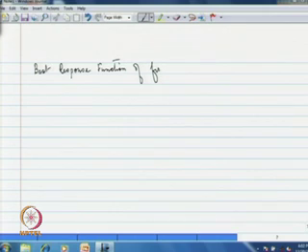Of firm I, say. So, it is a function of E j and it is given by what? Remember, the highest value that E j can take is half and the lowest value that it can take is 0.